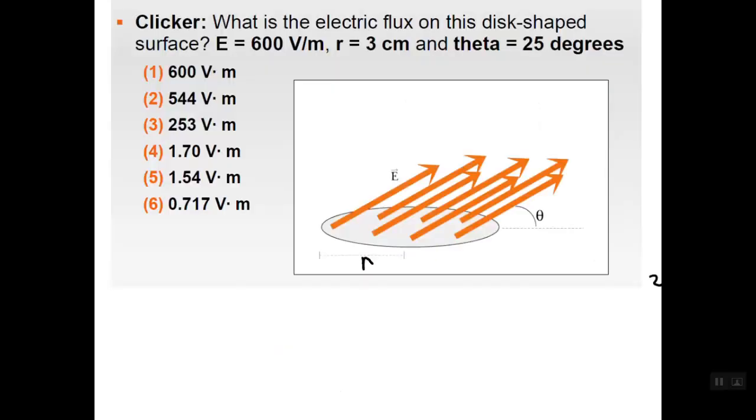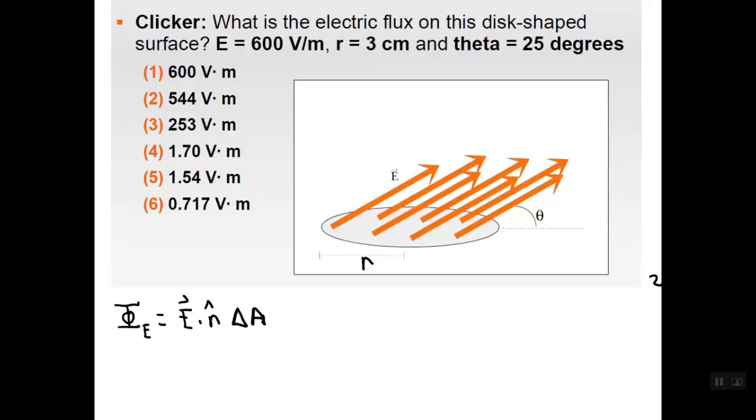Let's try working this problem involving the concept of electric flux. What is the electric flux on this disc-shaped surface? Stop the lecture and try to work the problem out before continuing. Since vector E is uniform on the disc-shaped surface, we can use this expression to find the flux.